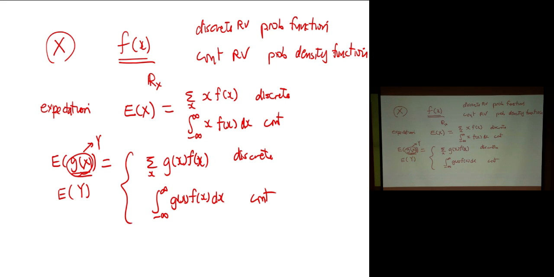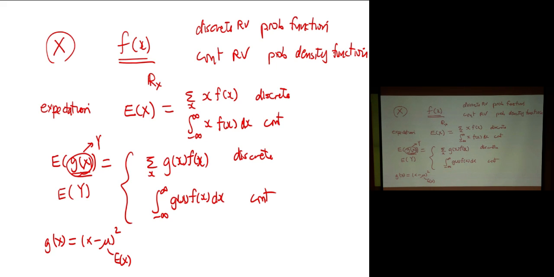So in particular, a particular g(x) is (x minus mu) squared, where mu is the expectation of x. This measures the square of the difference between x and mu, and what we expect about this number. If this number is small, that means the x values are very close to the mean.